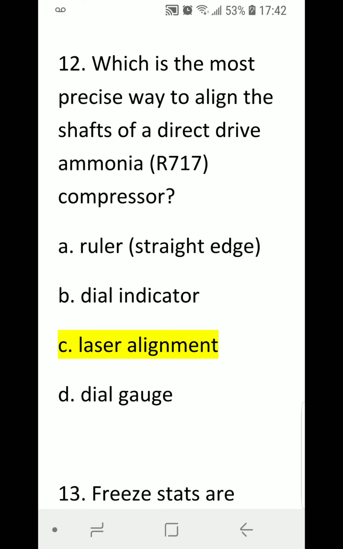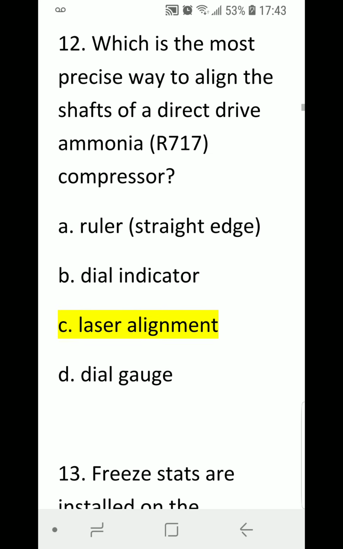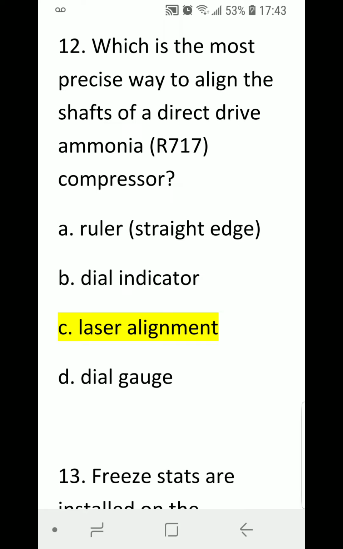Note that dial indicator was the most common way of aligning shafts, but laser is now the technology that can align the shafts in the most precise way. Prior to the invention of the laser, it was the dial indicator that was most commonly used in the trade.